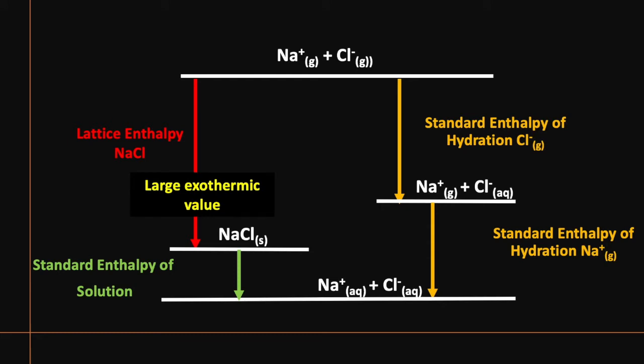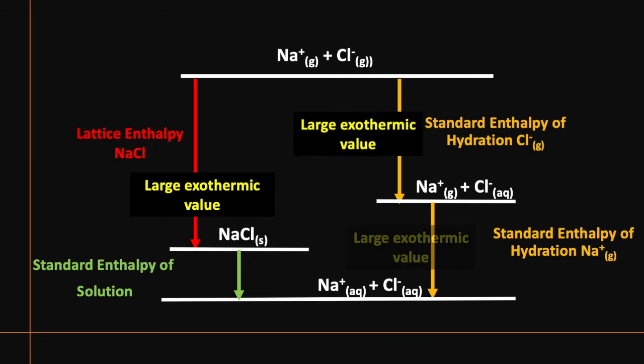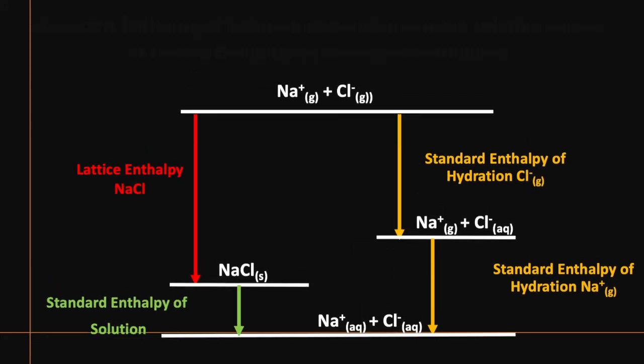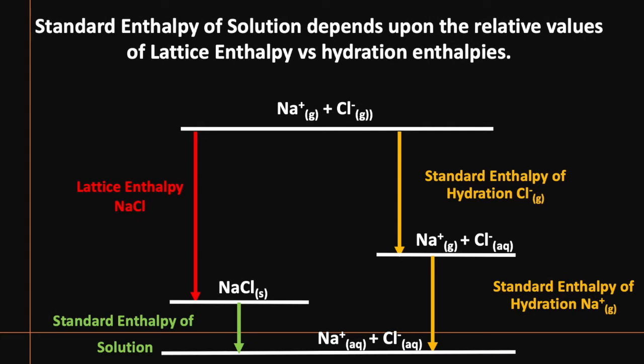Now lattice enthalpy, as we know, is a very large exothermic value, as are the enthalpies of hydration. They are both large and exothermic values. So that means that our standard enthalpy of solution is either a very small endothermic or exothermic value, dependent on the relative values of the lattice enthalpy and the hydration enthalpies.